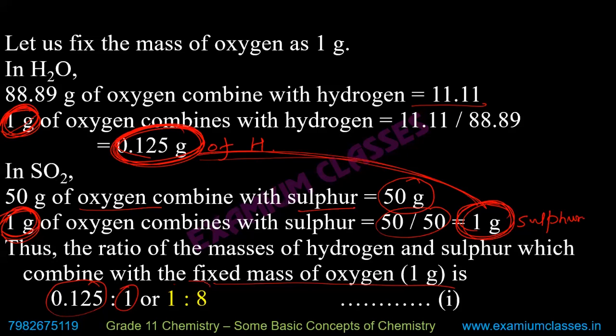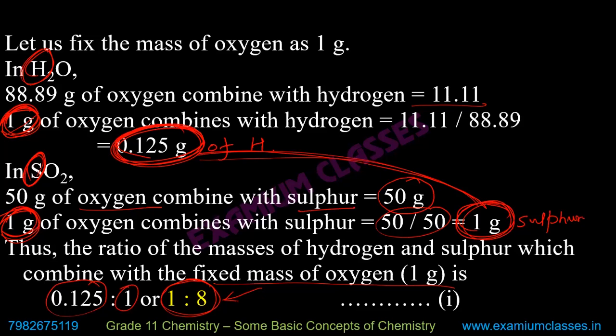Now what we have to prove is that this ratio and the ratio of sulfur and hydrogen when they combine themselves will be a multiple of this one.